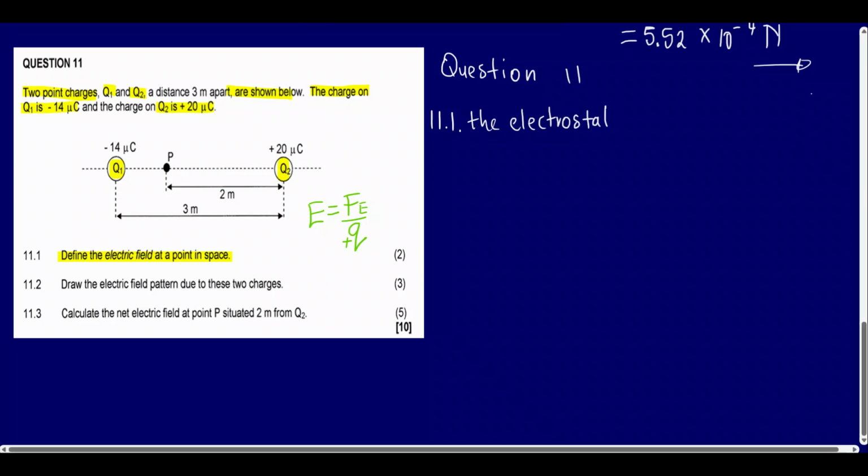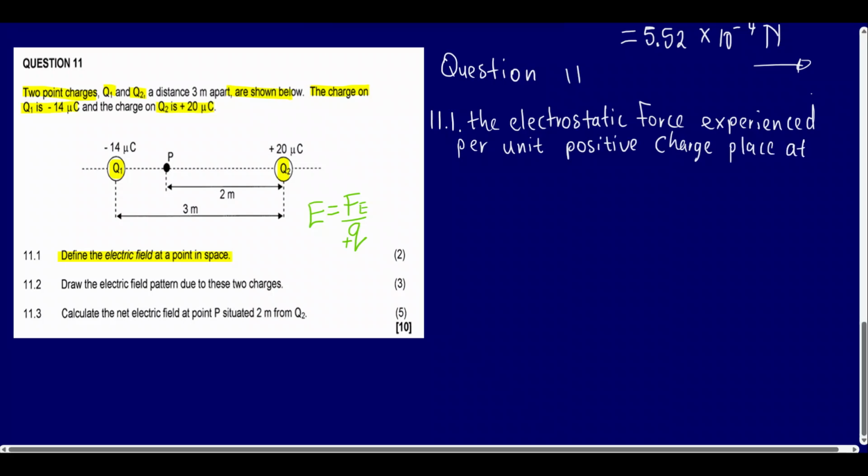states that the electrostatic force experienced per unit positive charge, per unit positive charge, placed at that point.